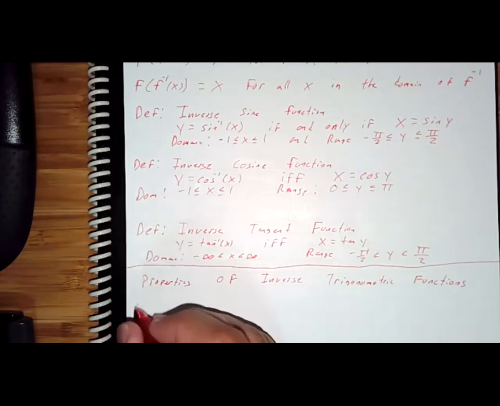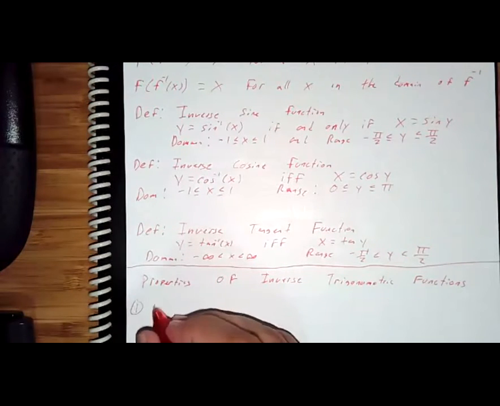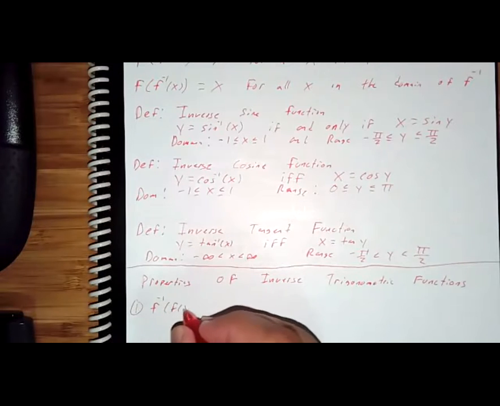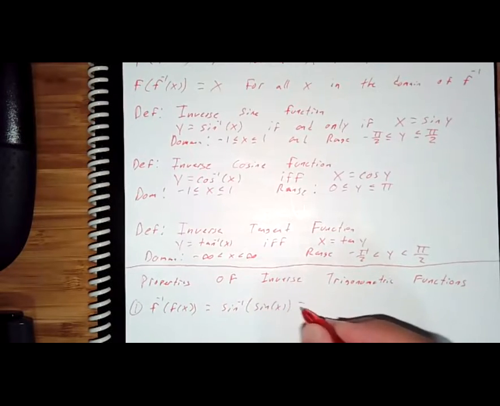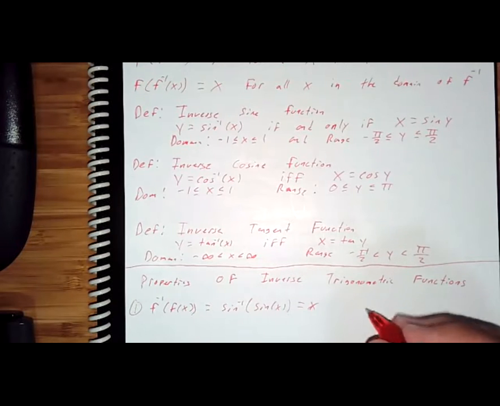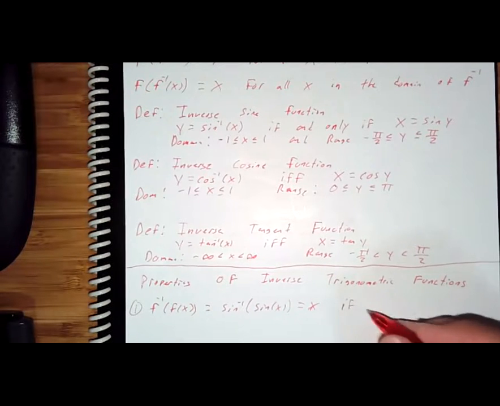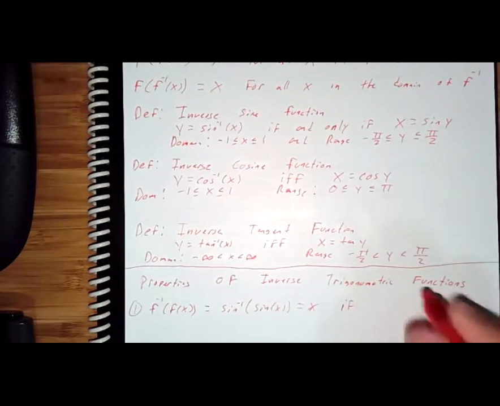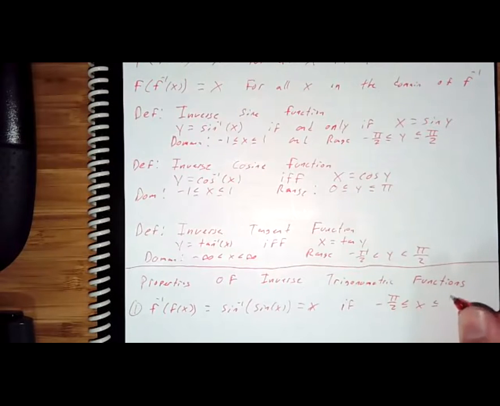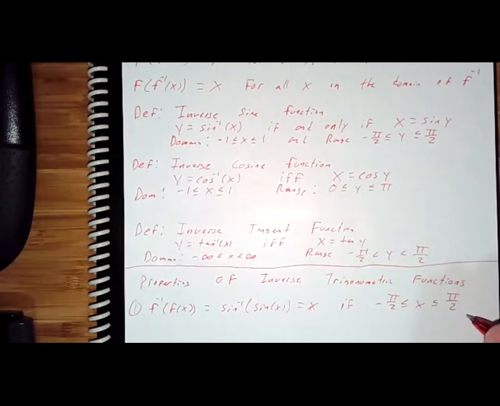Okay, so number one, if I have f inverse of f, meaning sine inverse composed with sine, this will equal x only if x is between negative pi over 2 to pi over 2.